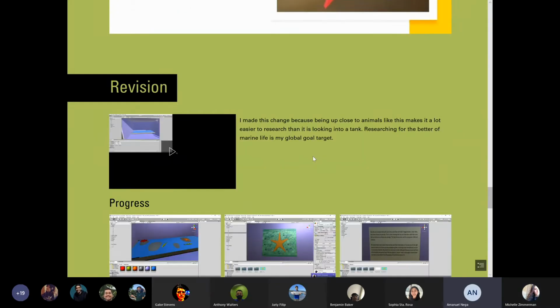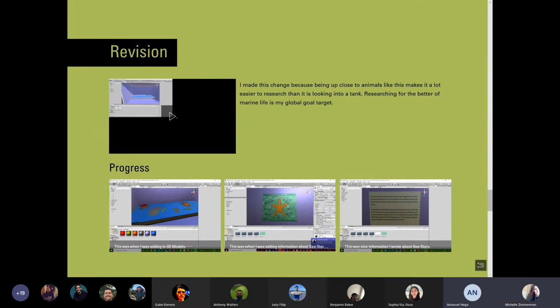Then I chose to instead make it one of those areas in an aquarium where you can touch manta rays, sea stars, and everything. And so it also relates to my global goal target because it's easier to research when you can look up close.